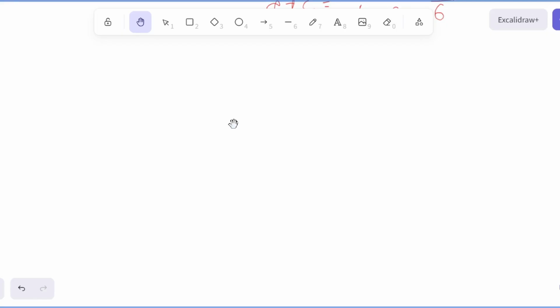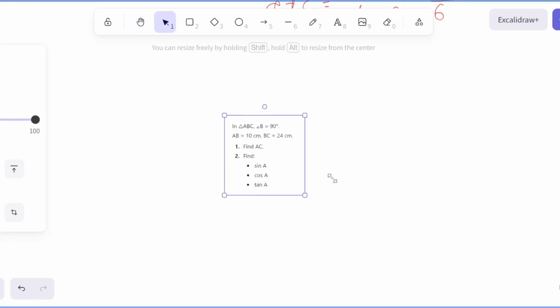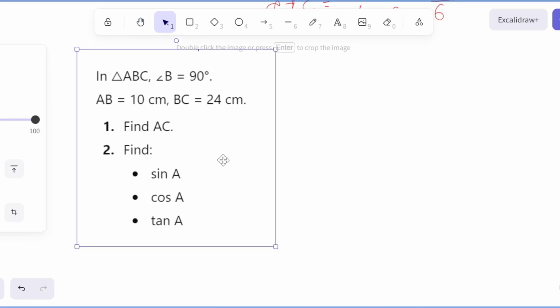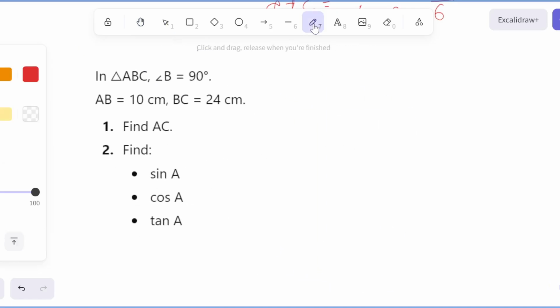So this is another example where we have a triangle right angled at B. So this is your B, right angle 90, and you can have A, C here.